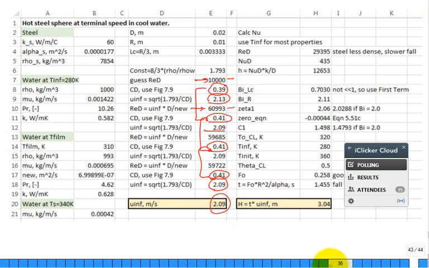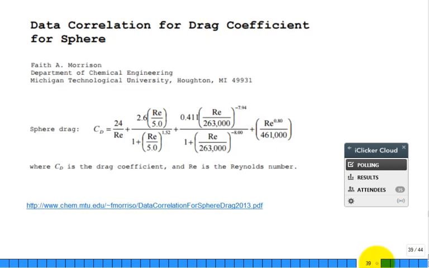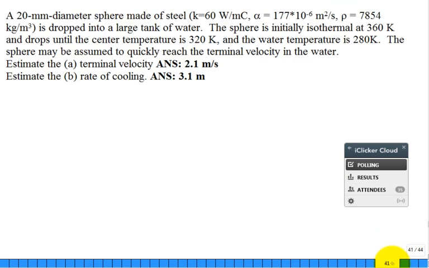Now that wasn't the only question for this problem. So we go back to our problem. Now that you have the terminal speed, calculate the initial rate of cooling. How would you calculate that? Well, you would assume that it falls and initially, or very quickly, reaches the terminal speed. So you know the Reynolds number, and you want to get the Nusselt number.